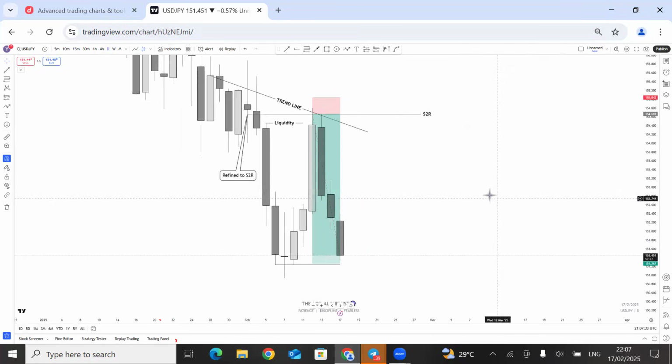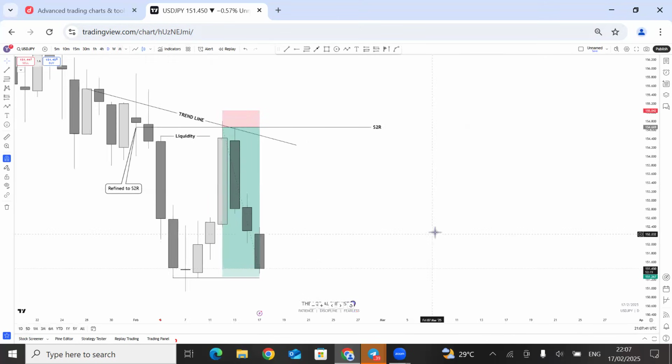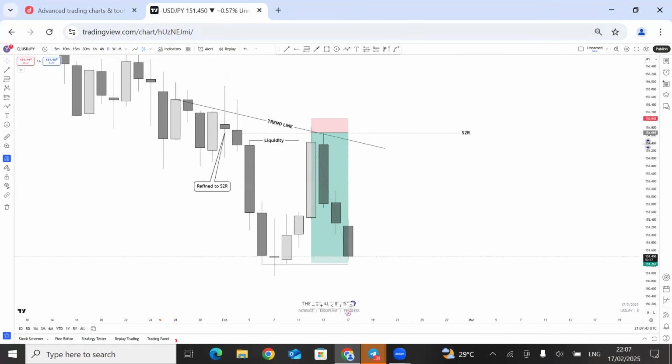Still the same stuff here. I think, let me see if I use the weekly or just the daily. I think I use just the daily.